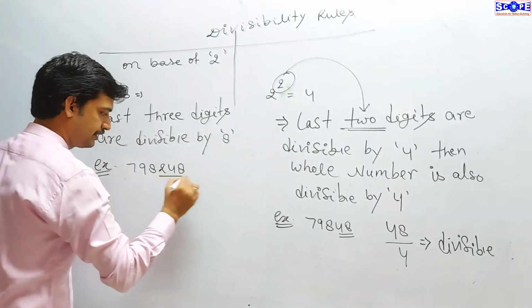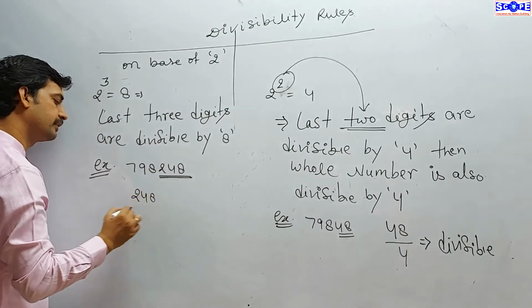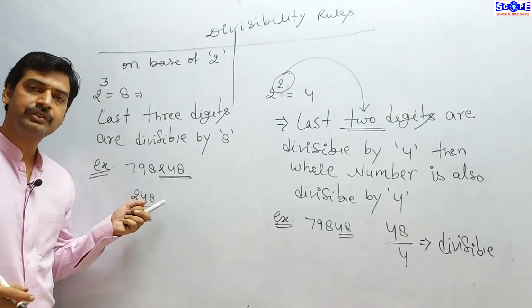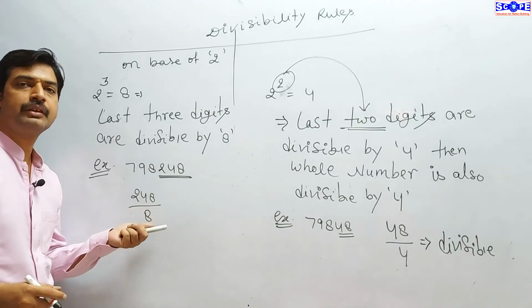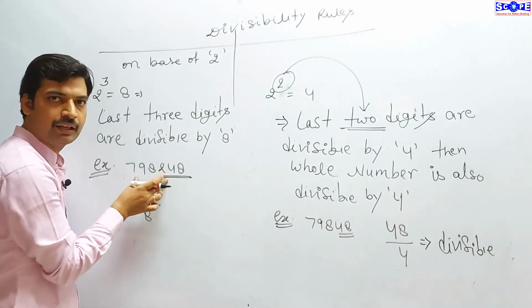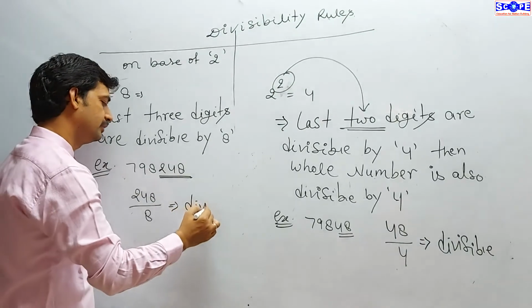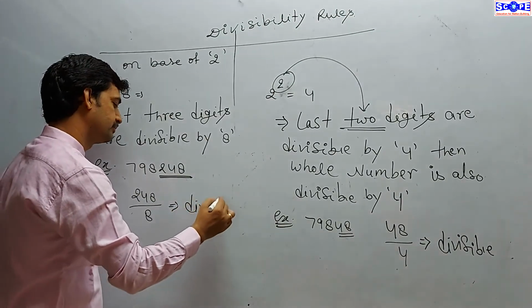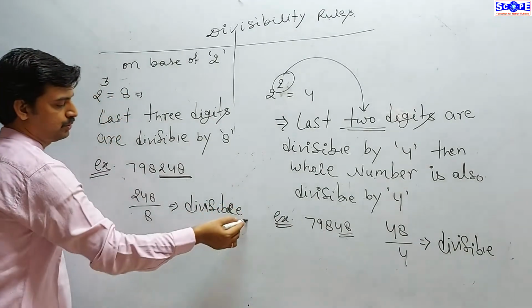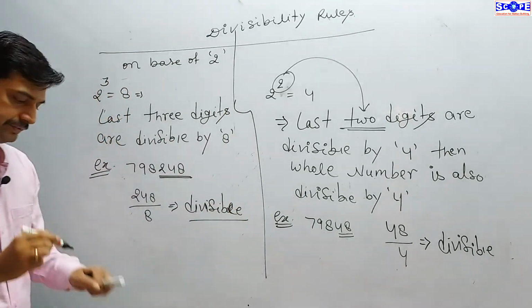So the last 3 digits are 248. What we will check is whether 248 is divisible by 8 or not. If this 3-digit number is divisible by 8, that means the complete number is also divisible by 8. So 248 is divisible. So the complete number is also divisible by 8.